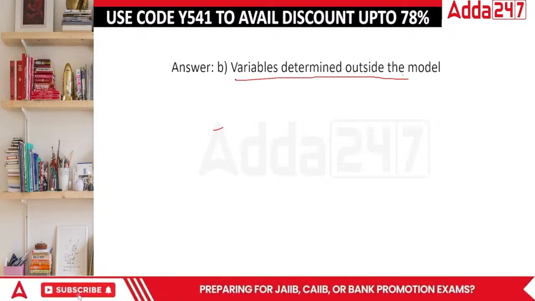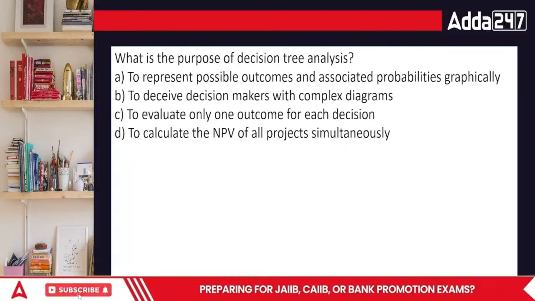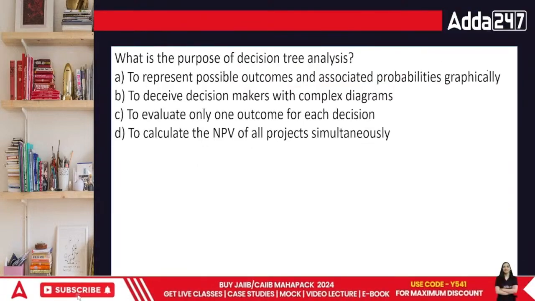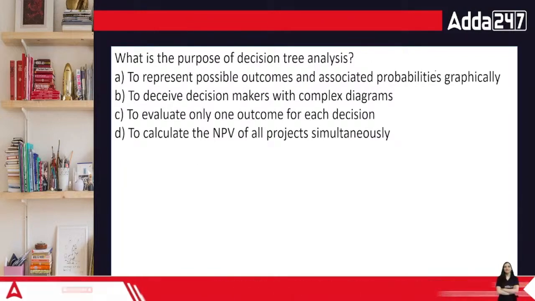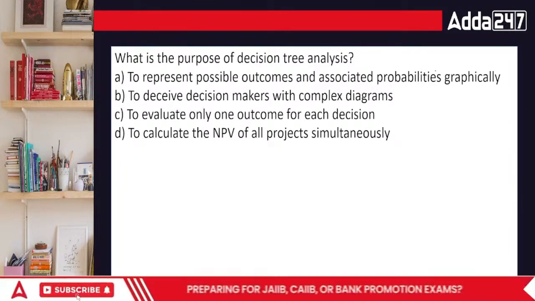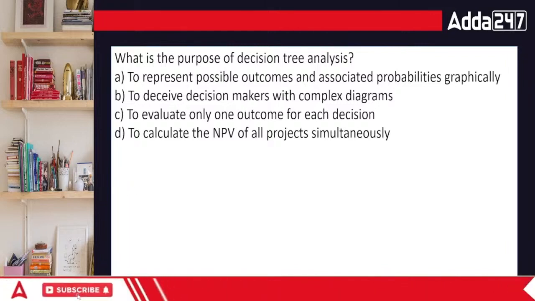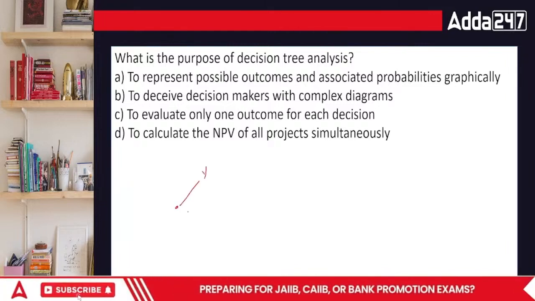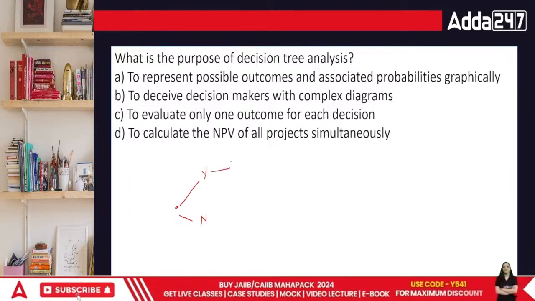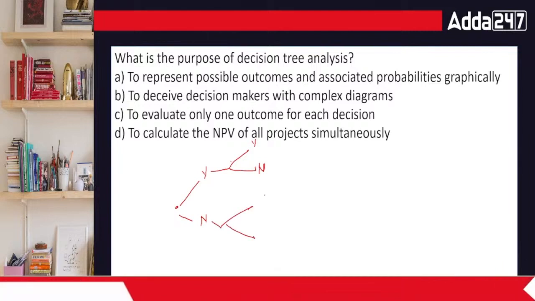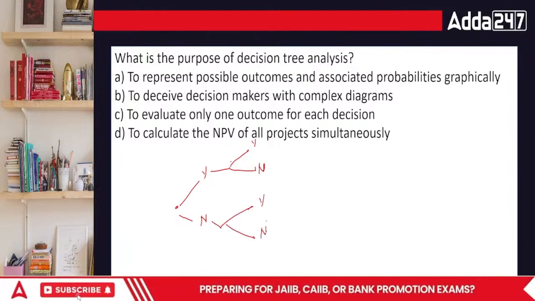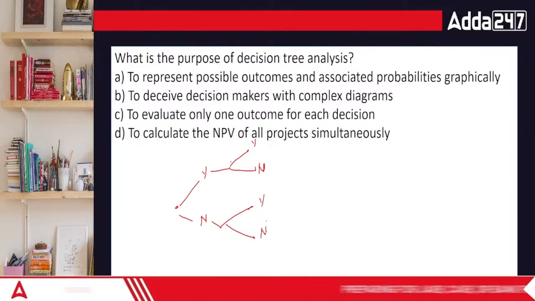Let's move on and talk about the next question. What is the purpose of decision tree analysis? Decision tree analysis means I say this is a decision that I want to take, but the scenario is this. There is a yes, there is a no. If this is yes, then two or more situations can arise. Then here also. So if you do something and if you don't do something, both are going to affect your business.